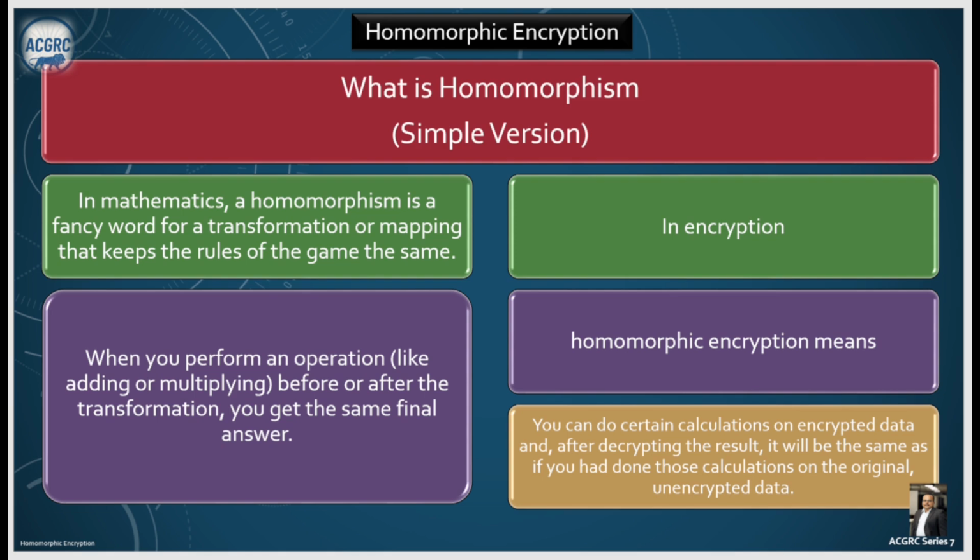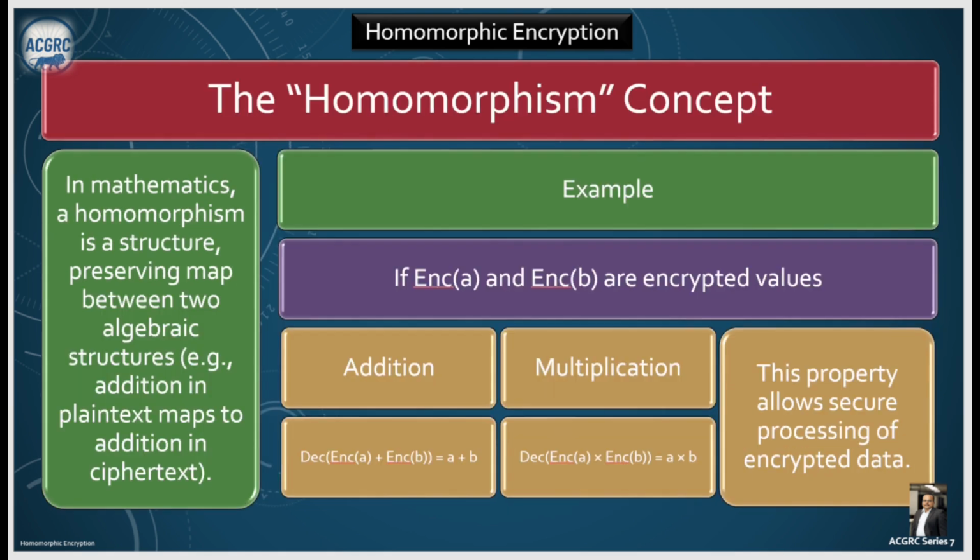Let's go back to the earlier slide. So if you had added A and B without encryption, you would have got the value of A plus B. Similarly, if you encrypted A and encrypted B and then you add them, you will still get the same result. Similarly for multiplication.